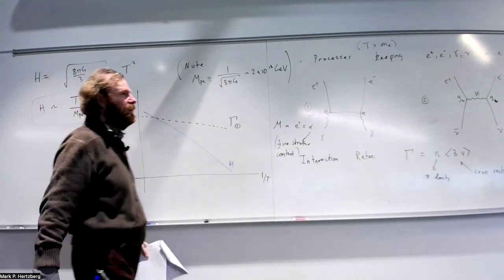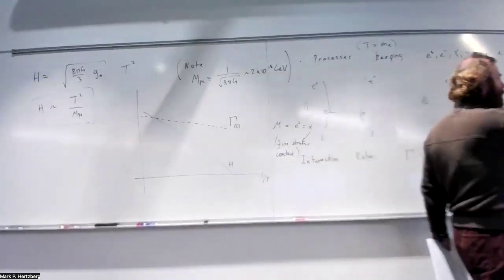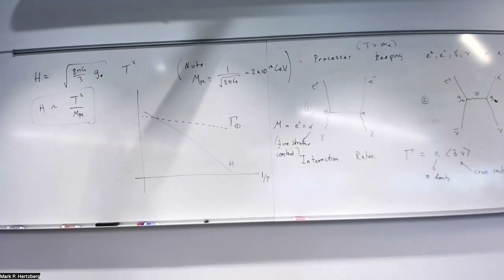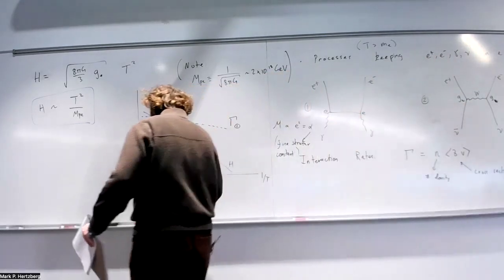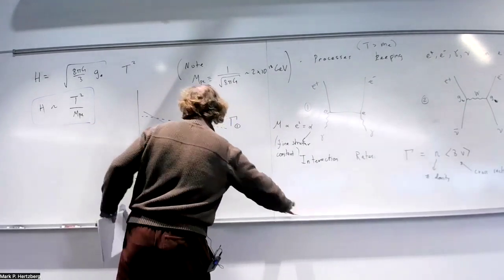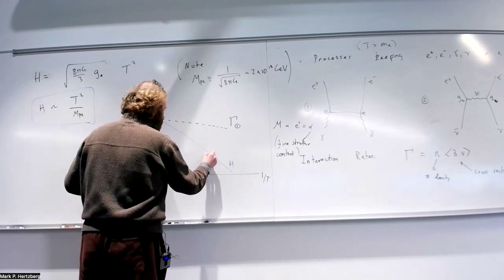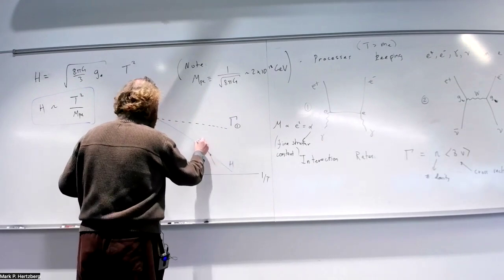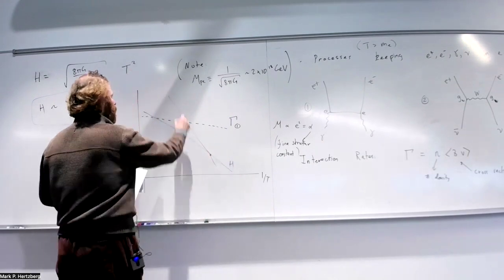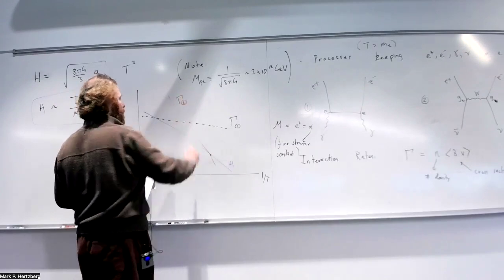But gamma 2 is the problem. Gamma 2 has this T to the 5. So as the universe expands, this thing is dropping super fast. So it might be bigger up here somewhere. Draw some curve maybe like this. It's a bit rough. Something like that.